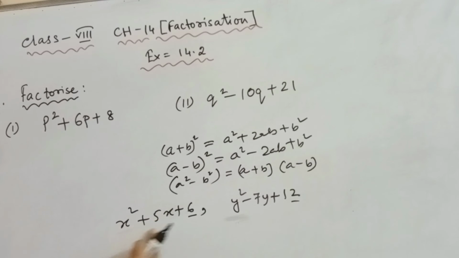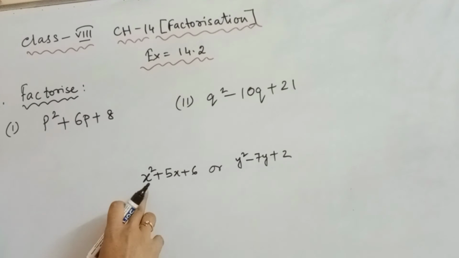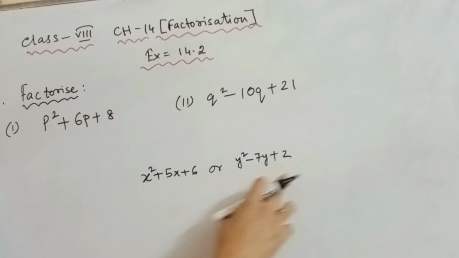But you can see that this kind of sums do not fit any of these identities. Then for this kind of sums, what can we do?